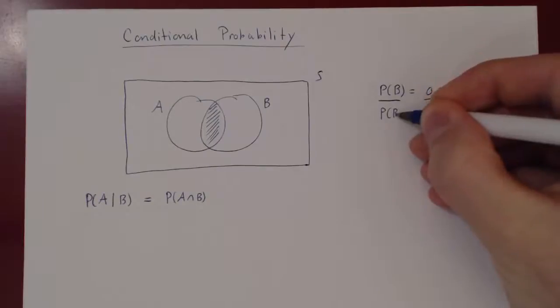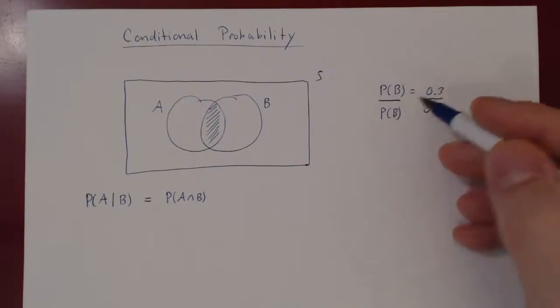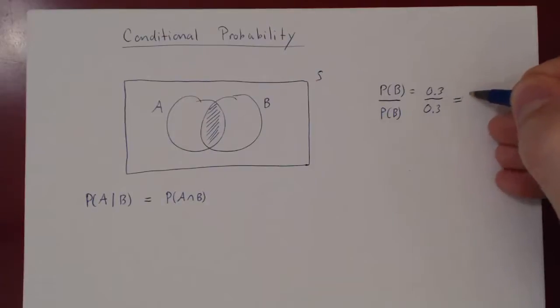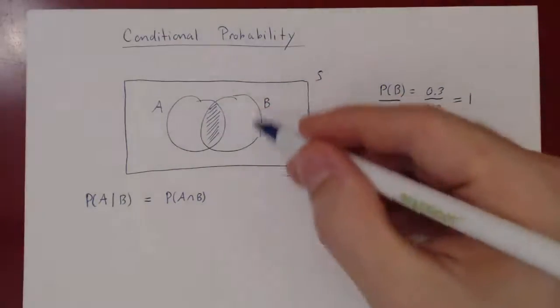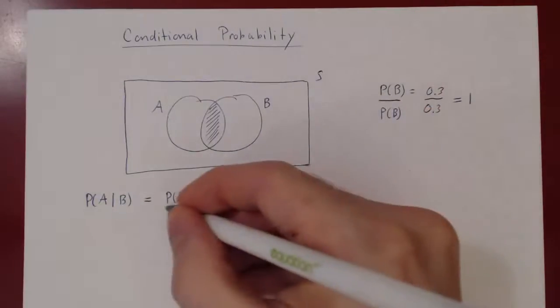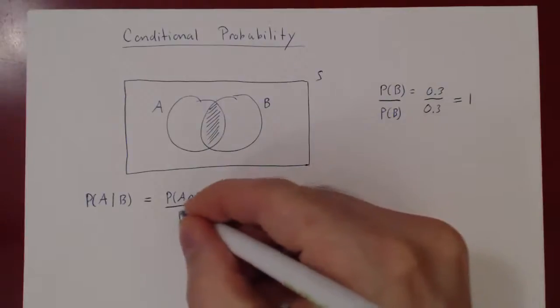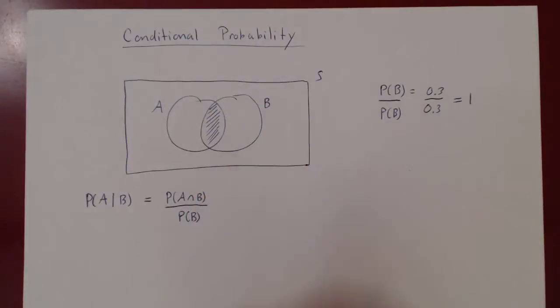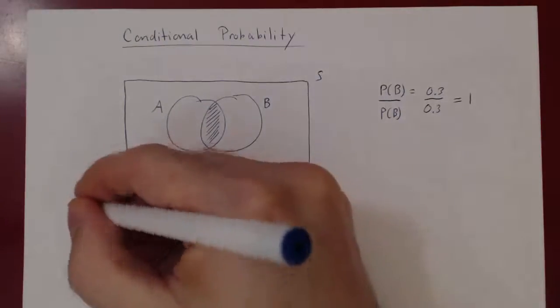If you divide the area of B by itself, then the region becomes a region of area 1. So you can rescale the region B to have an area of 1 if you divide by its area, P of B. And that's how you find the conditional probability of A, given that B has already occurred.